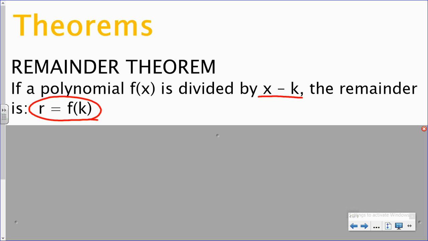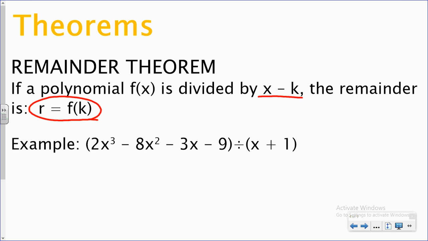All right. So this is what we are going to do. We are going to take 2x cubed minus 8x squared minus 3x minus 9, and we are going to divide it by x plus 1. All right, so let's switch things up.